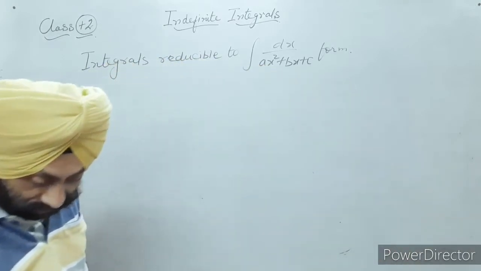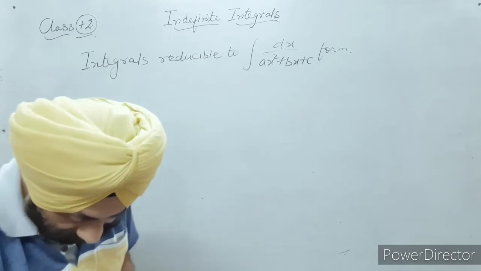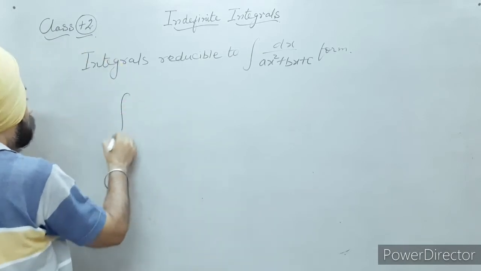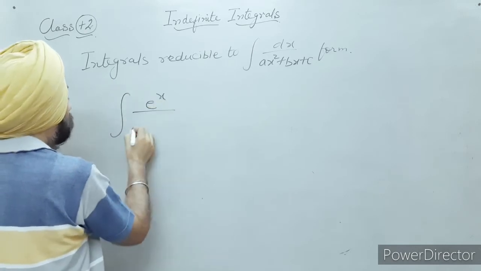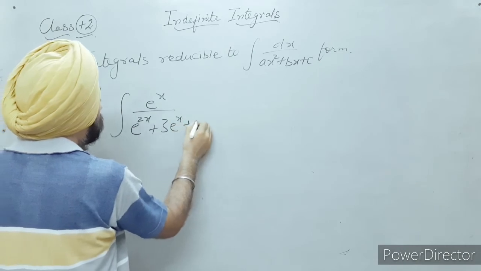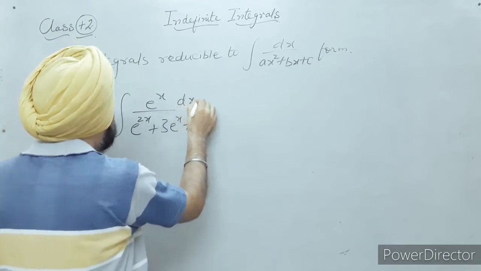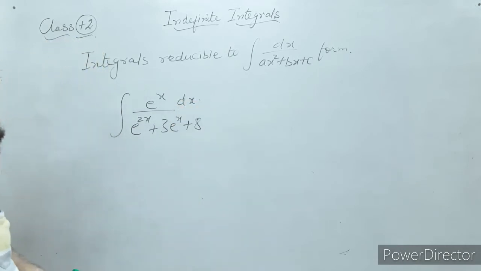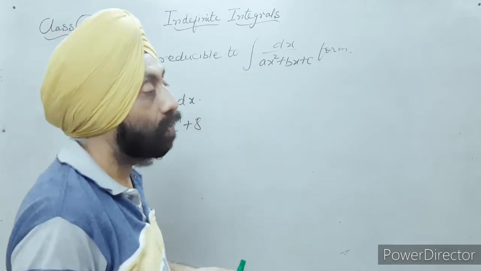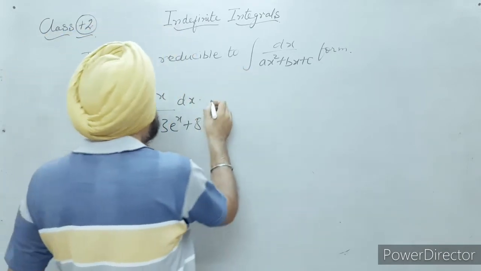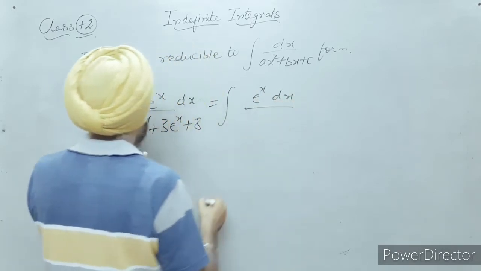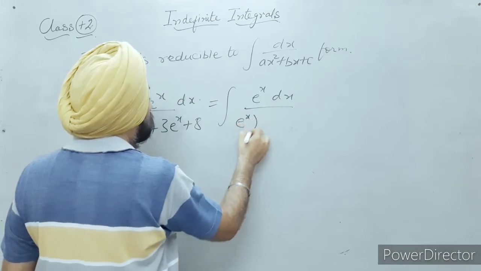Now, the question is integrate dx upon e to the power 2x plus 3 e to the power x plus 8. Now, it will again be reduced to this form. How? Can I write this as e to the power x dx upon (e to the power x) square?